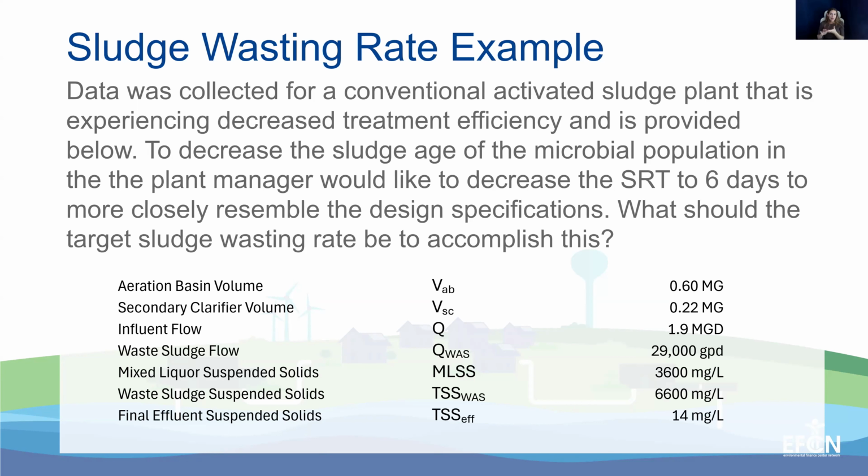But a question like this might read: the data was collected for a conventional activated sludge plant that has experienced decreased treatment efficiency. To decrease the sludge age of the microbial population in the plant, the manager would like to decrease the SRT to 6 days to more closely resemble the design specifications. What should the target sludge wasting rate be to accomplish this?